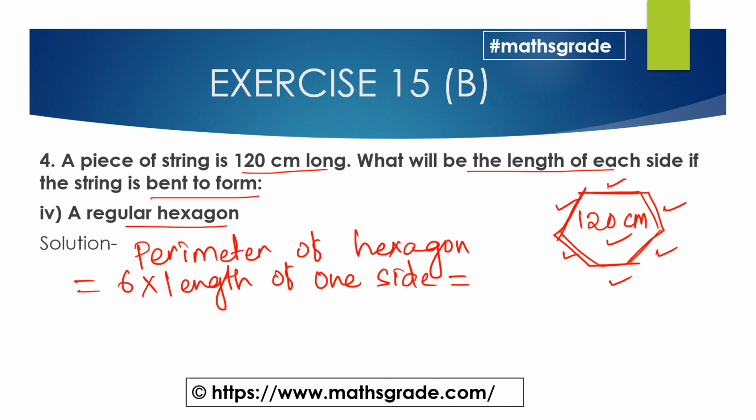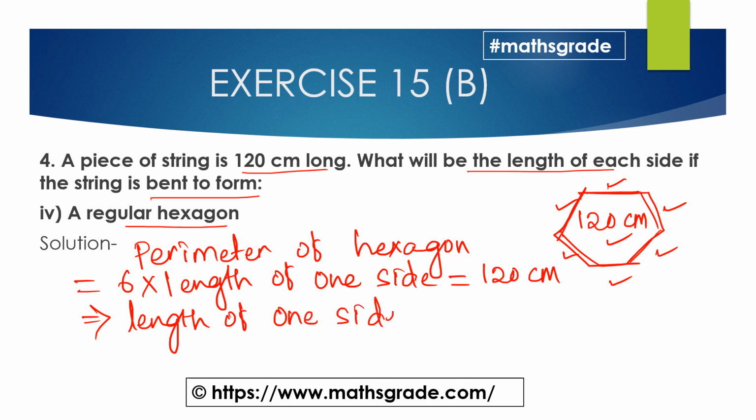And the perimeter of the string, that is the perimeter of the hexagon, is 120 cm. It is given. So the length of one side will be 120 cm divided by 6, which is equal to 20 cm.